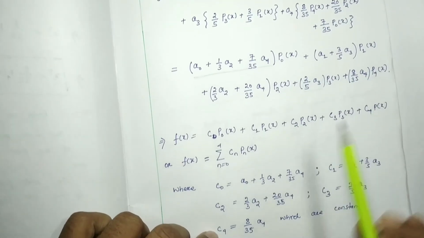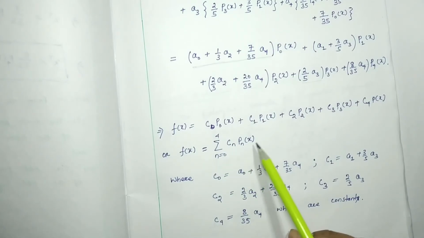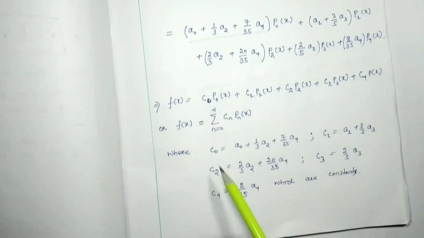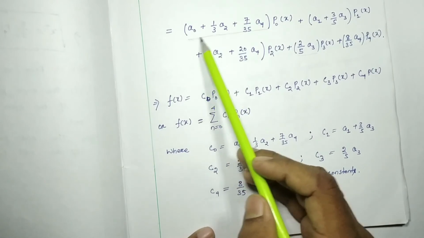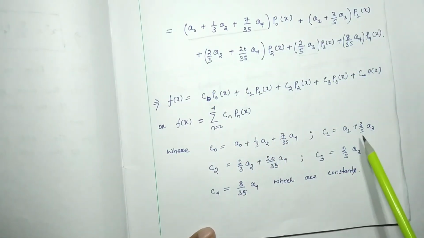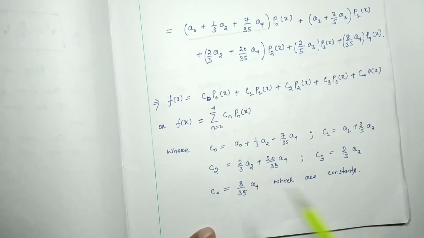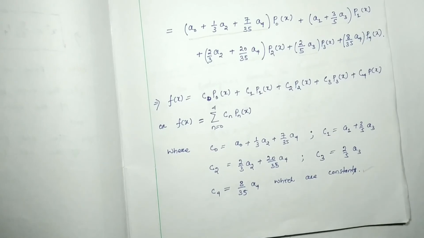So in general we can write the sum for n equal to 0 to 4 of cn pn x, where c0 is this much, c1 is this much, and c2, c3, c4 are constants.